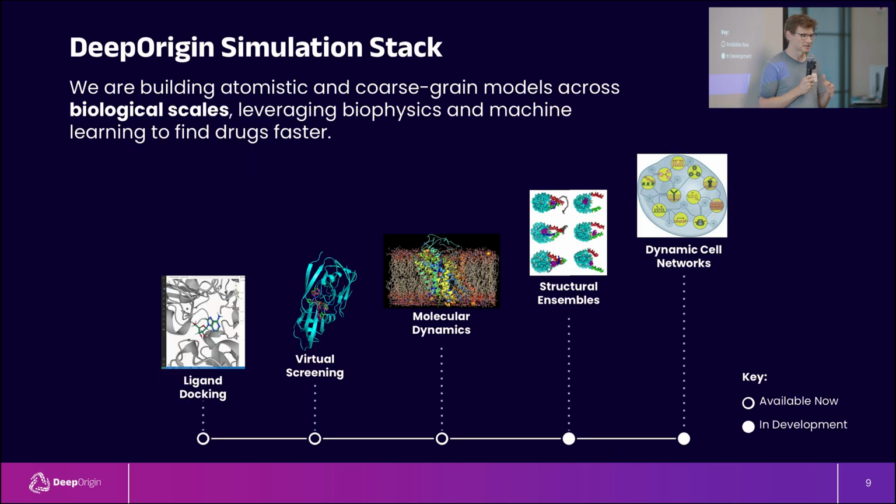So I'll just talk a little bit about some of the technologies we're working on at Deep Origin. These are really pieces which have existed in the industry, and some things we're doing anew. To give you a cursory overview: one thing people classically have tools for is ligand docking and virtual screening.